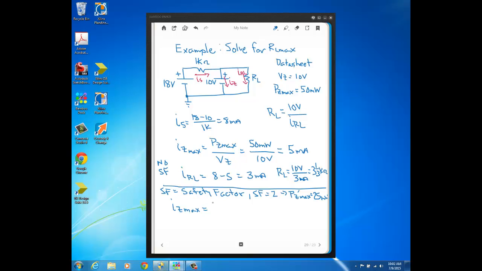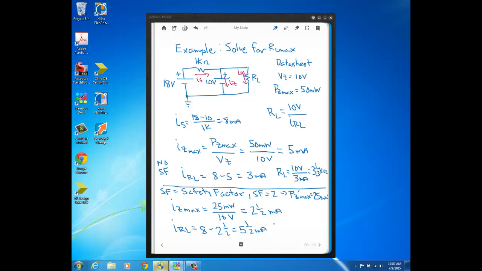Now this is going to be 25 milliwatts divided by 10 volts, which is 2.5 milliamps. So now your IRL is going to be different, because now it's the source current 8 minus 2.5, which is 5.5 milliamps.